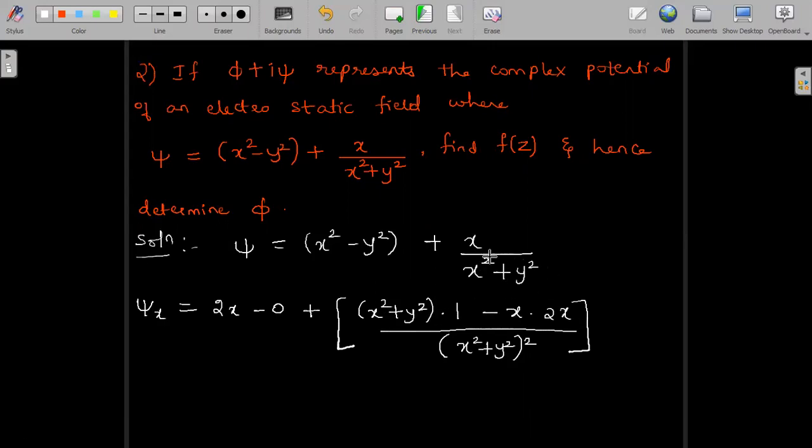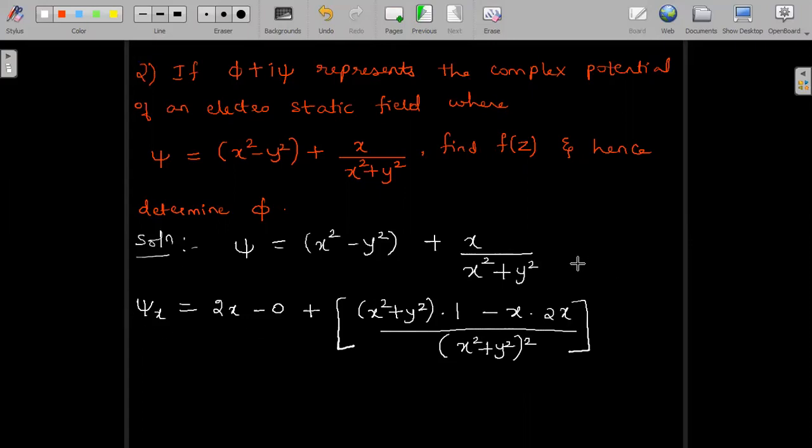So v means x square plus y square as it is. Differentiation of x with respect to x partially is 1. Minus x as it is. Differentiation of x square plus y square partially with respect to x is 2x plus 0 actually, so 2x. Divided by v square, so denominator term whole square.